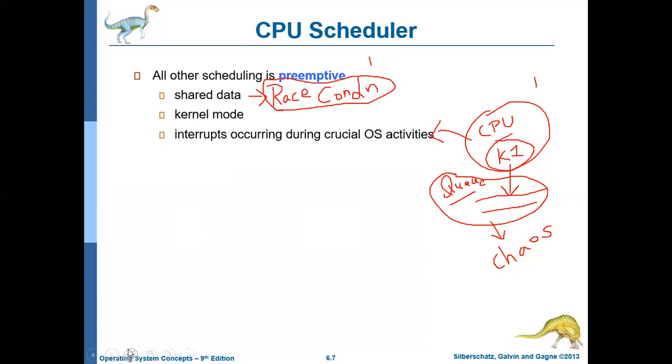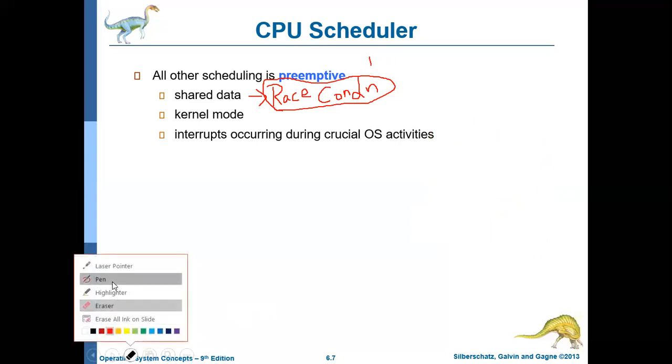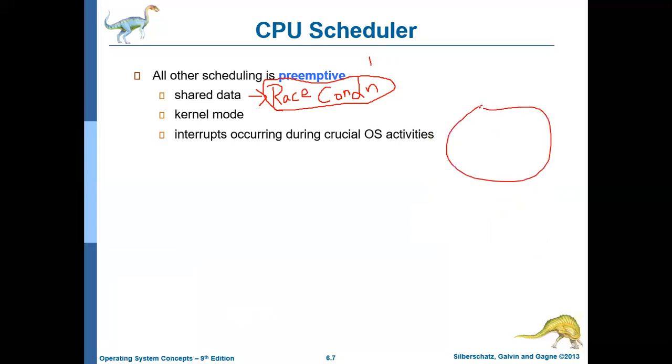Say one of the operating system processes is running on the CPU, and it is performing a very important task related to the operating system. Let us assume it is a kernel process, not a user process.